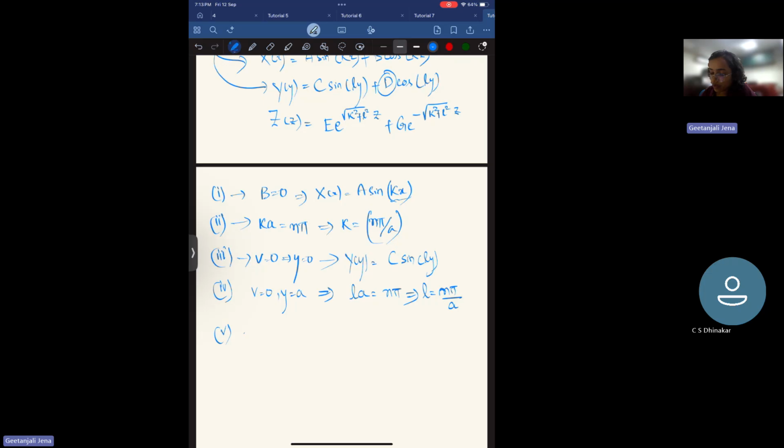If V is 0 when z equal to 0, this will give E plus G equal to 0.